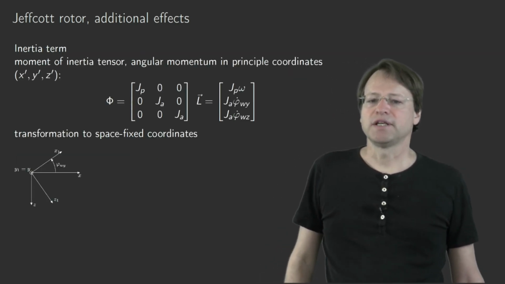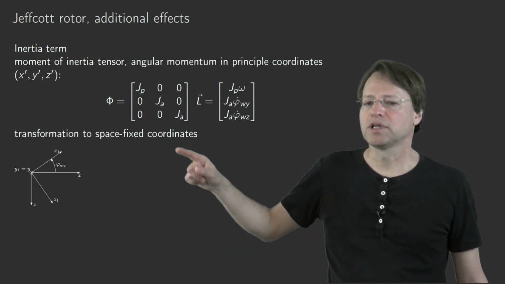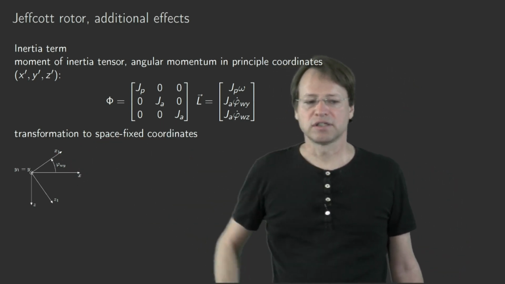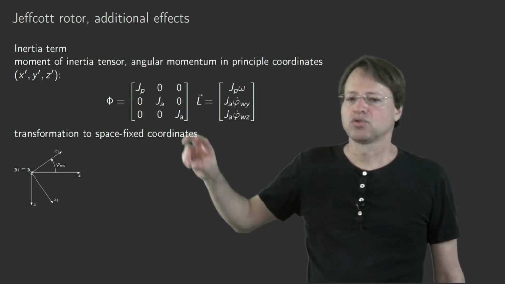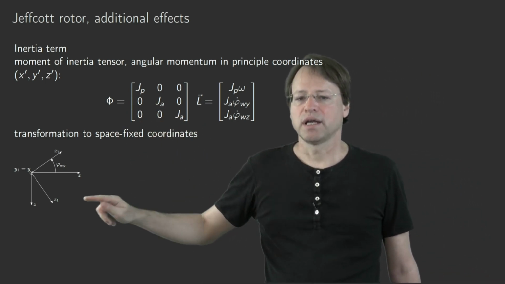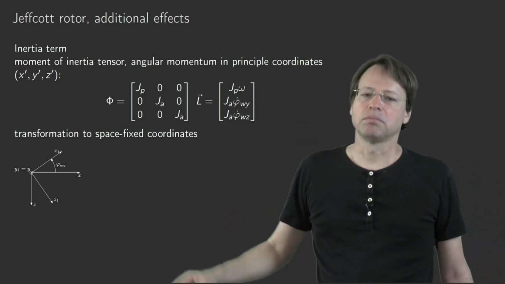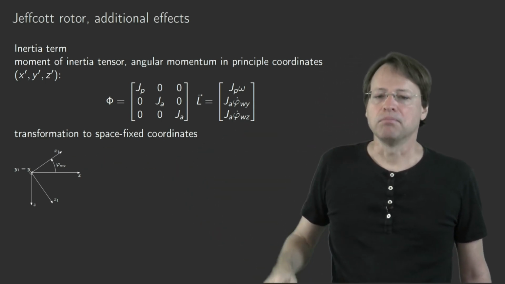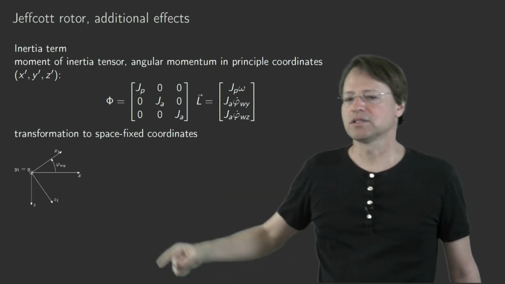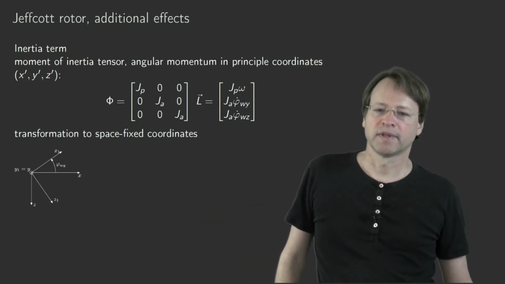So that transformation is done in 2 steps. In a first step, we rotate our coordinate system from x and z coordinates to x sub 1 and z sub 1 coordinates by rotating around the y-axis. The amount we rotate around the y-axis is given by the angle phi sub y.